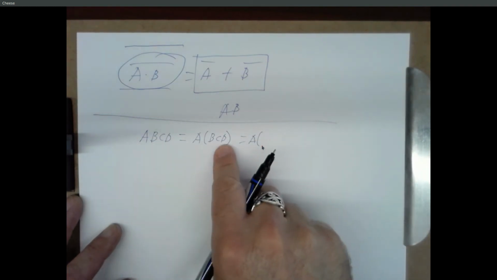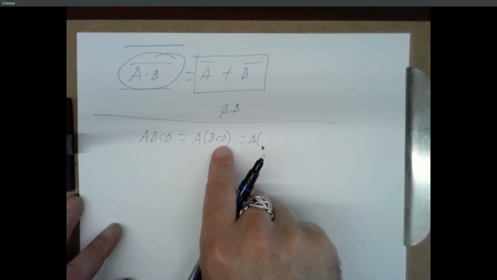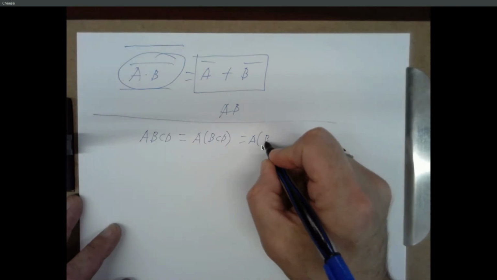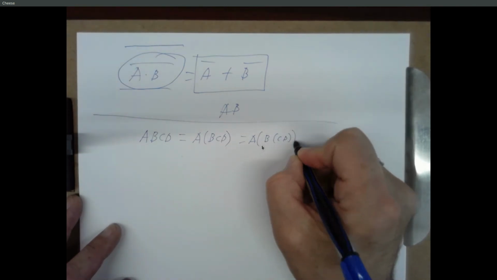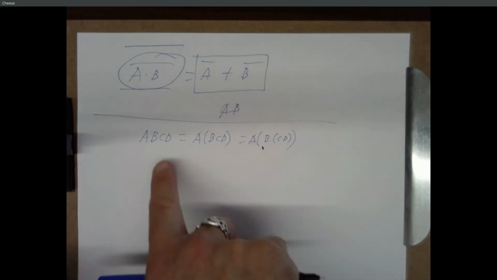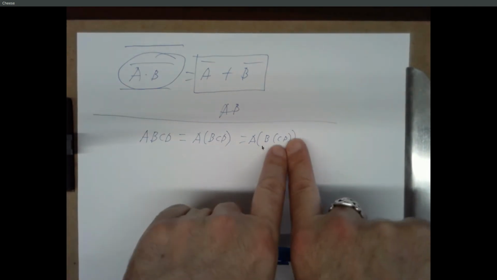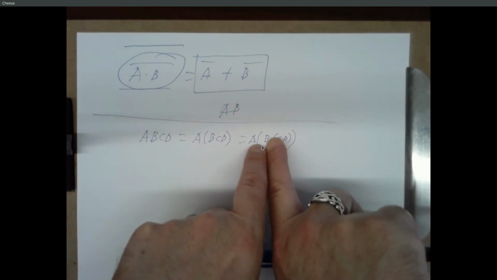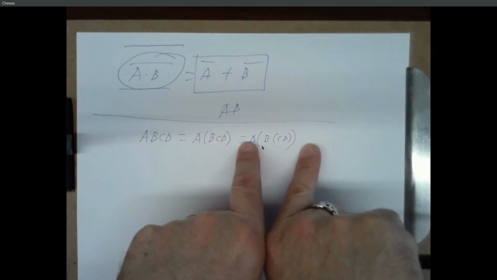B ANDed with C ANDed with D is the same thing as B ANDed with CD. So Boolean logic tells us that to calculate the AND of these 4 things, first we can AND C and D, and then AND that with B, and then AND that with A.